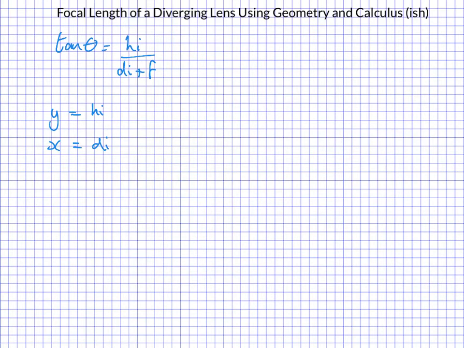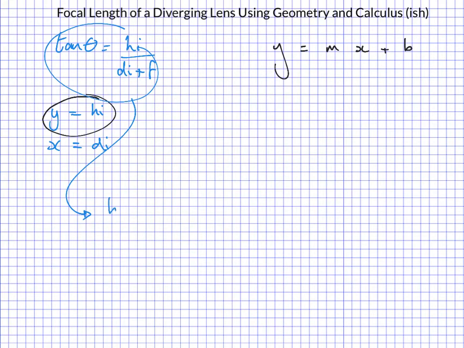So when we try to overlay this on y equals mx plus b, because we do have a straight line graph, we're going to overlay this statement onto it. We're going to be looking to solve for hi. So let's take this equation and simplify it down and solve it for the height of the image.